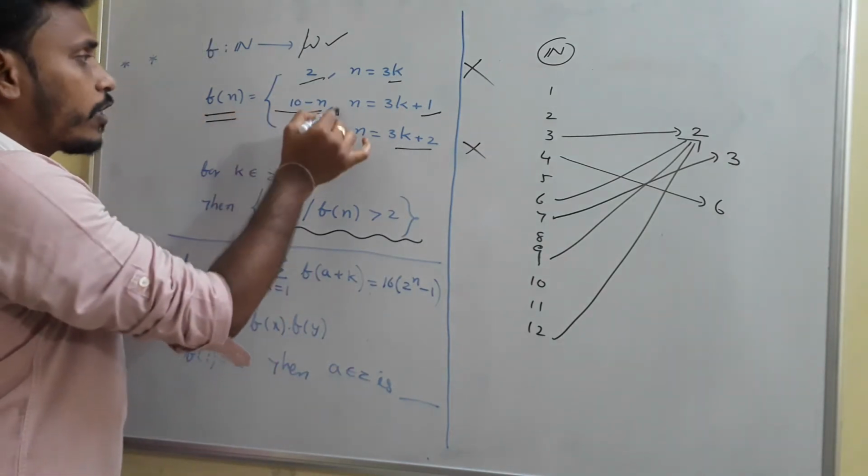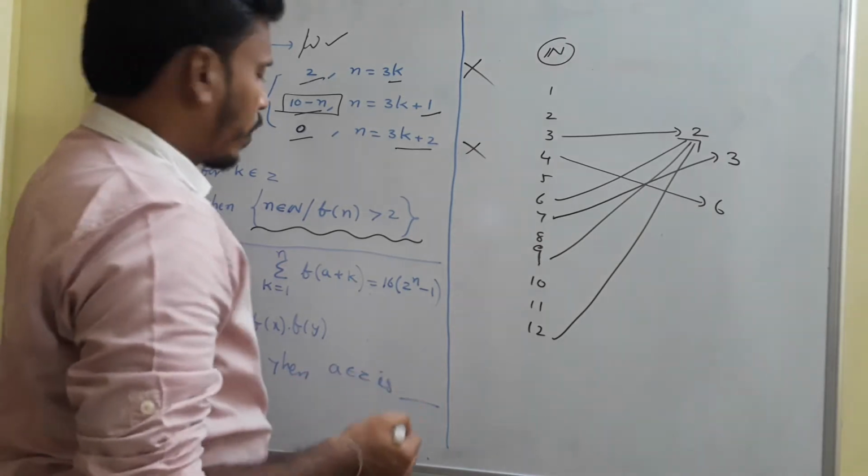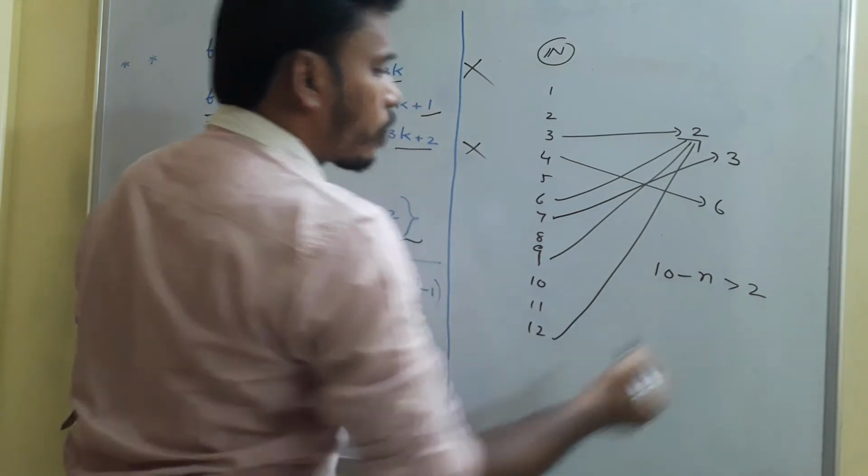If you use this definition, 10 minus n greater than 2, you need to use that. How?